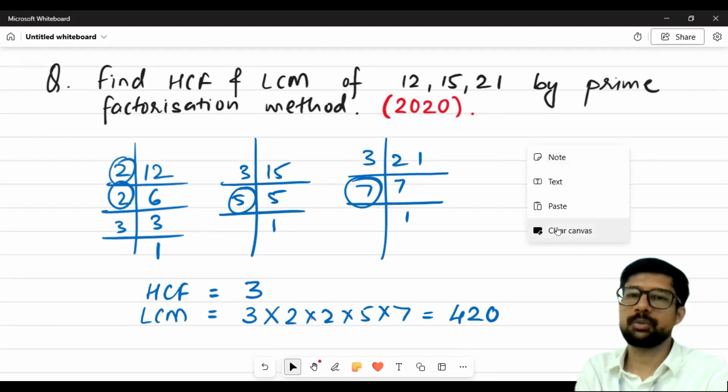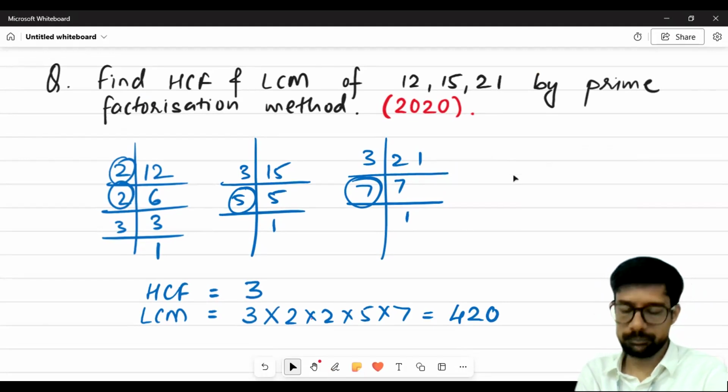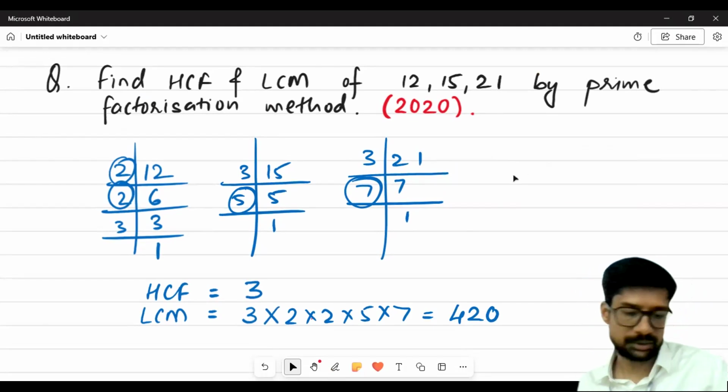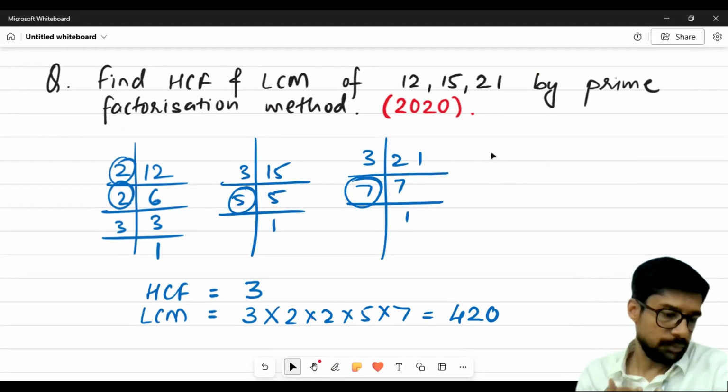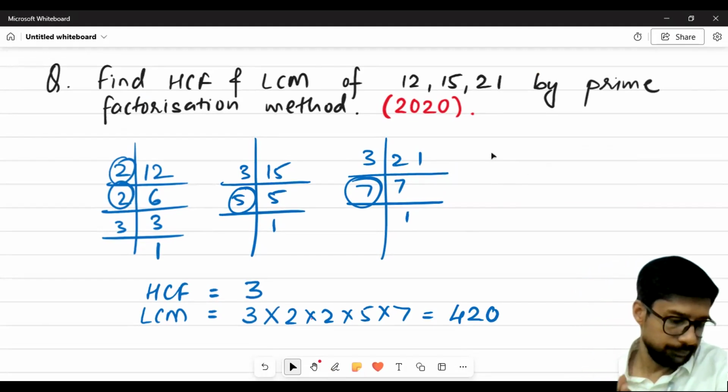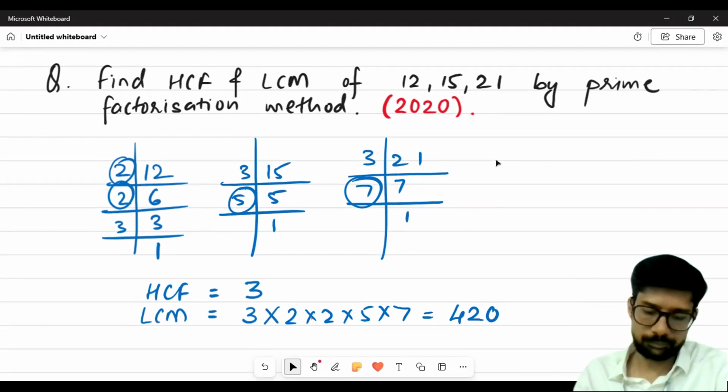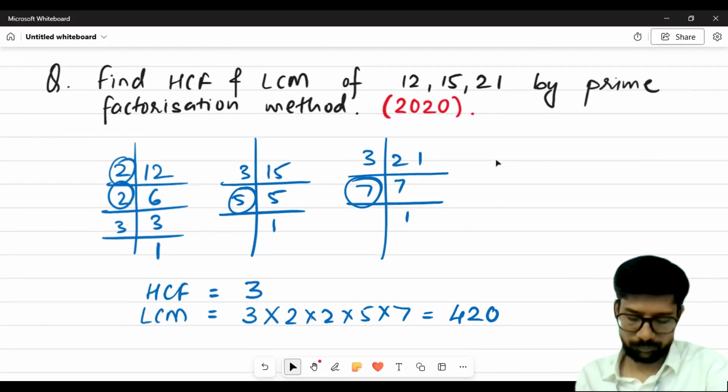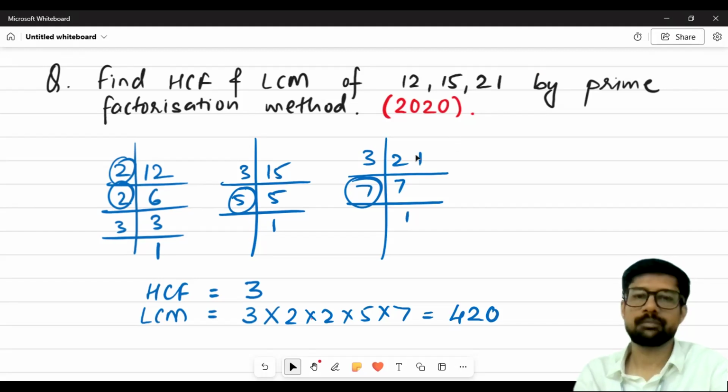Okay, moving toward the next one. That's the first range that has been already asked. Let's see what else we have. Next.